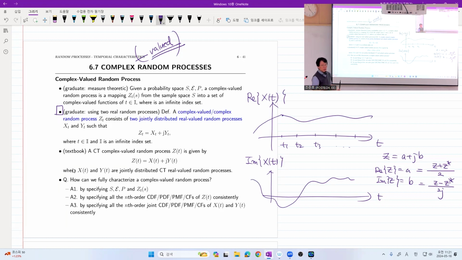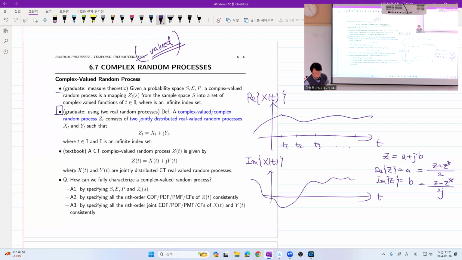We need first order, second order, third order, fourth order, any nth order joint CDF of these two random processes. So we must be able to fully characterize these two real valued random processes in order to fully characterize this complex valued random process. Got it?